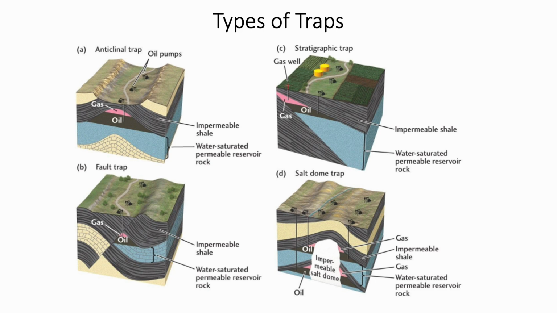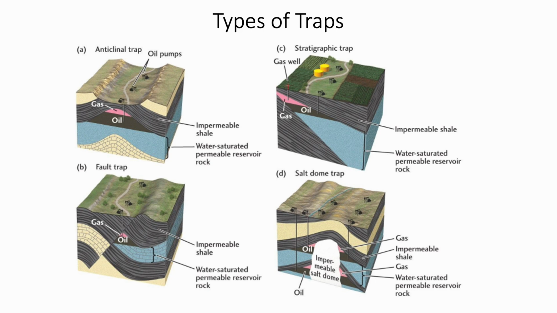rock. Then there is the stratigraphic trap, which forms due to change in rock layers rather than structural deformation. This can happen when reservoir rocks pinch out or are cut off by impermeable layers, creating a natural trap. Finally, the salt dome trap occurs when rising salt formation deforms surrounding rocks.